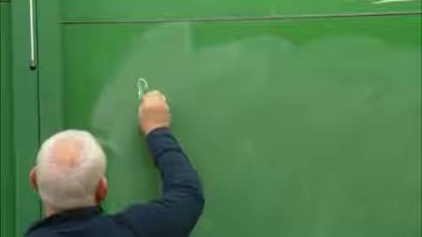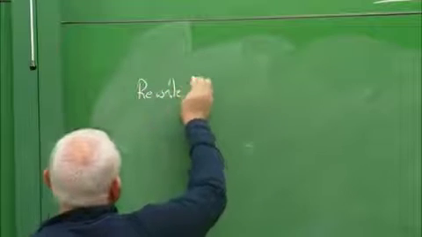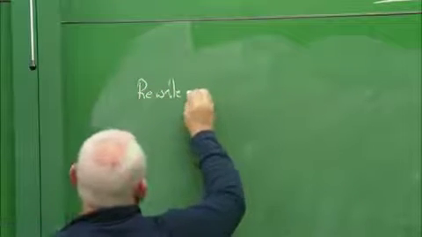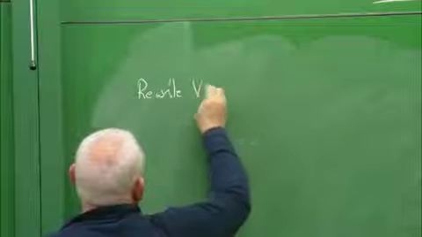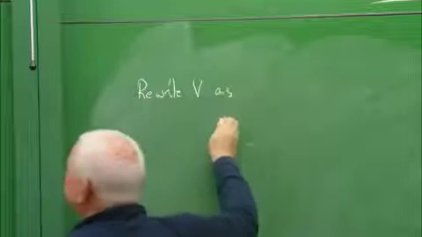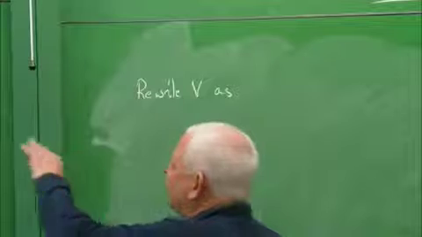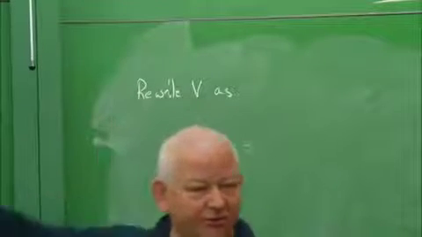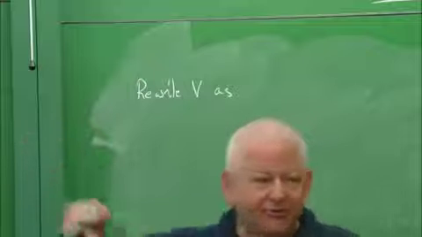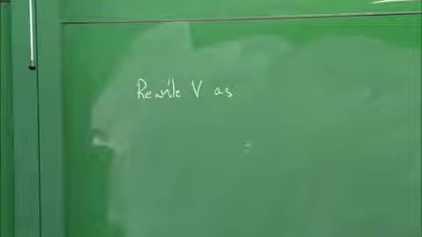The first thing I want to do is to rewrite more conveniently that formula for the volume. Rewrite V as the triple product, x1 cross x2 dotted with x3. It doesn't really matter what happens if I exchange the order in which I do the cross products.